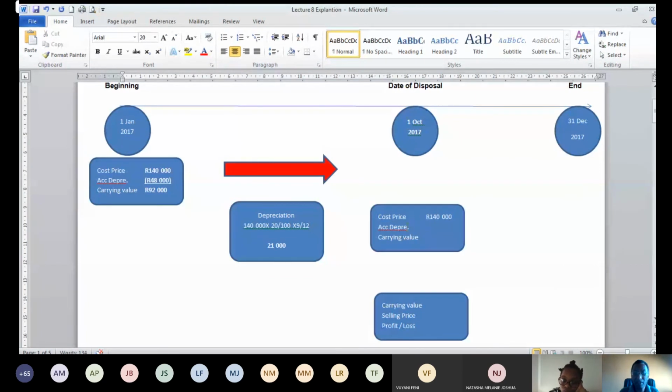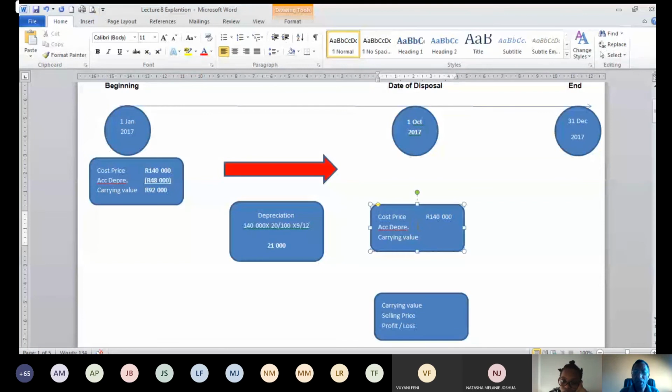Now accumulated depreciation. Your accumulated depreciation on the 1st of January was 48,000. However, you have used the asset for another 9 months. So on the 1st of October, which is the date of the asset realization, your accumulated depreciation is now the amount of 69,000 Rand.